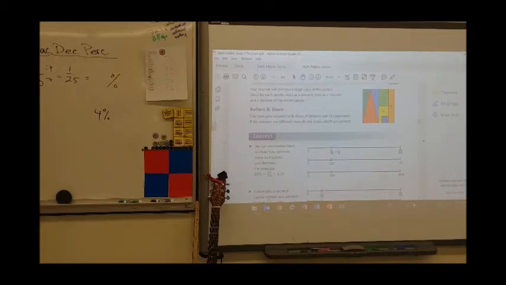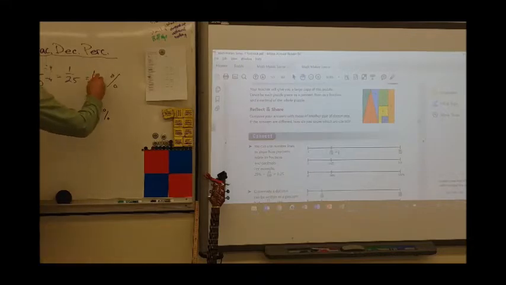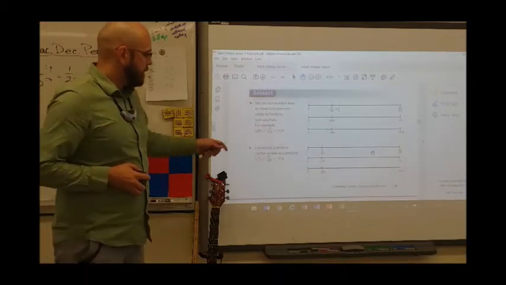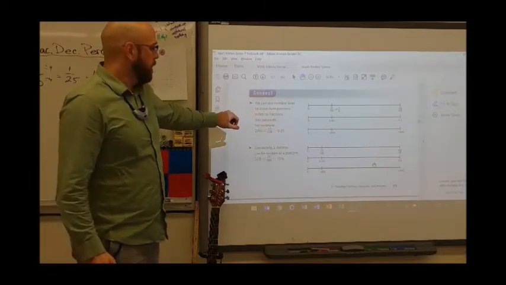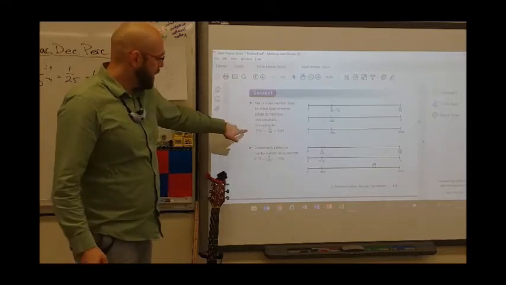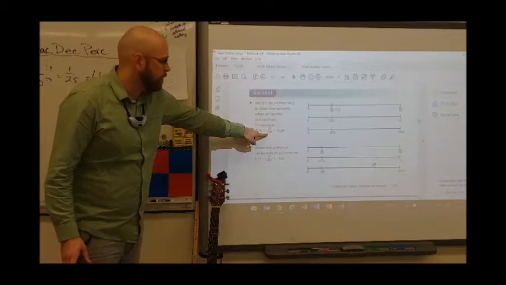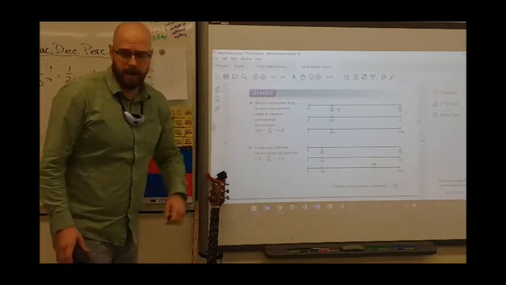Take a look at these examples here in your textbook, and you will see how we can relate 25%, or 25 out of 100, or 0.25, 25 hundredths. What we're showing you here in the textbook, 25% is like 25 out of 100, or you could write that as 25 hundredths as a decimal.